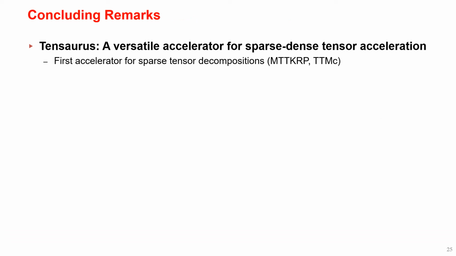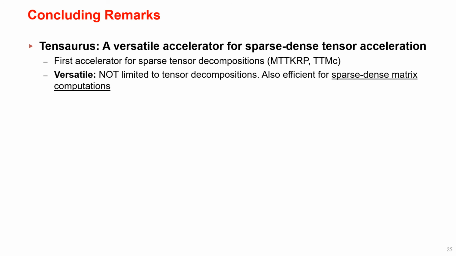and datasets. Finally, to conclude, in this talk, I presented Tensaurus, which is a versatile accelerator for mixed sparse dense tensor computations. It is also the first accelerator for sparse tensor computations like MTTKRP and TTMC. It is versatile as it is not limited to just tensor decomposition, but also accelerates common matrix operations.